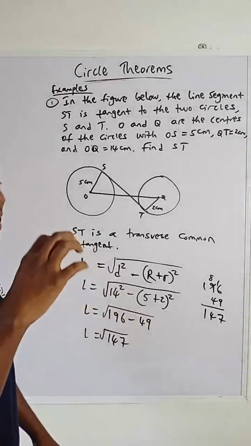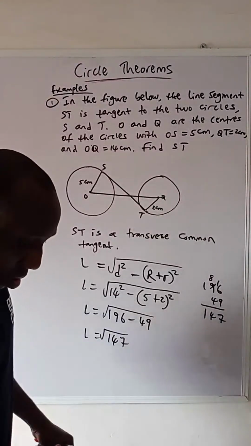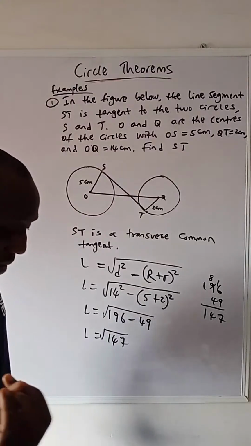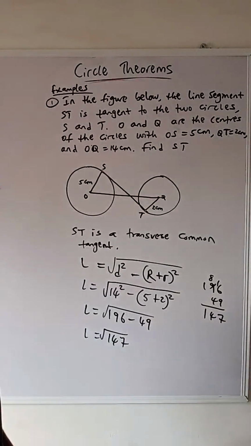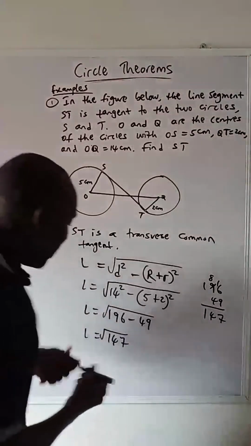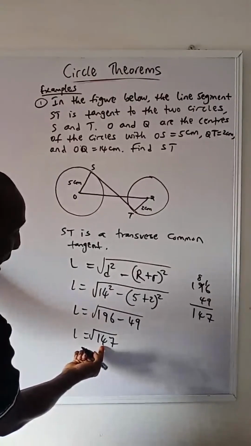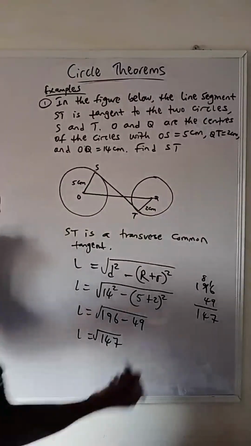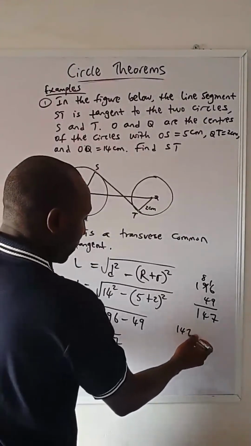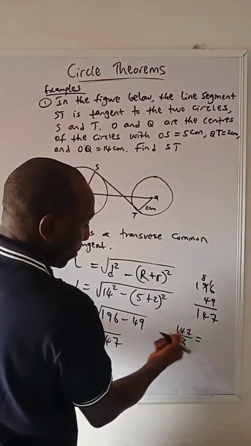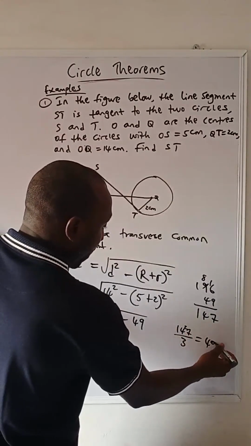If we want to leave an answer in short form, we know how we can do that, right? I think a 3 can divide 147: 1 plus 4 is 5, 5 plus 7 is 12. If you divide 147 by 3, this is 49.